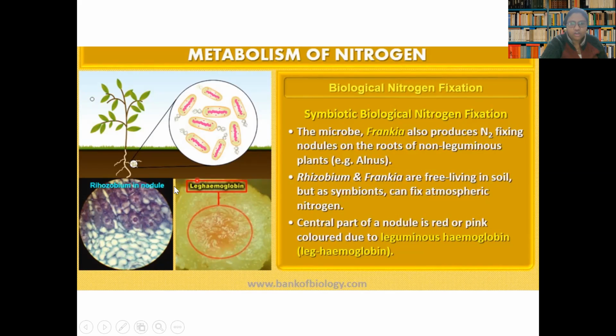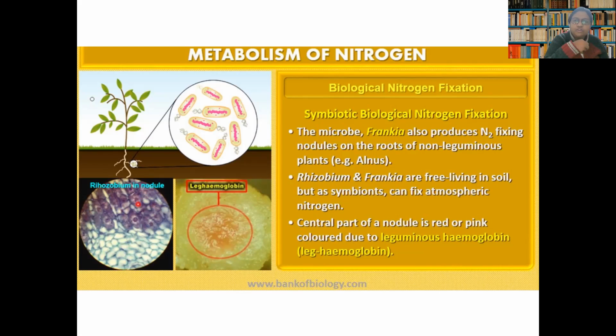If you take a cross section of this root nodule, you can see here is the root nodule and it is the cross section. It will have a red to pinkish color, and this is due to the presence of a hemoglobin-like molecule, which is called leghemoglobin or leguminous hemoglobin.